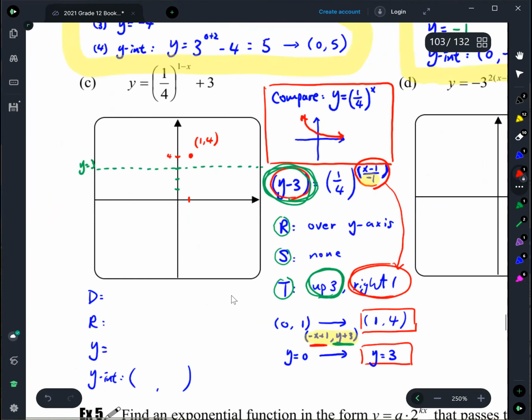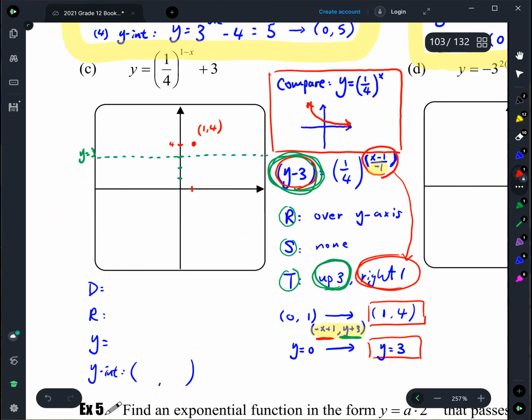Okay, how do you draw the curve? Okay, Caleb, can you show on the screen how you draw the graph? Going through 1, 4.